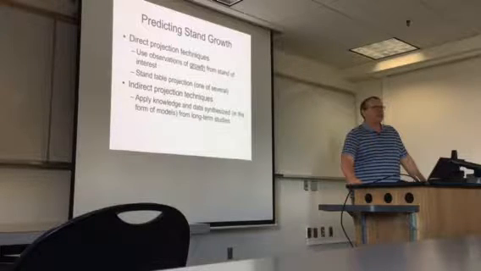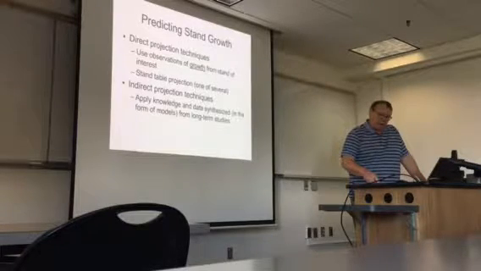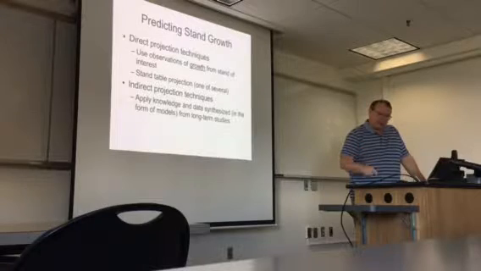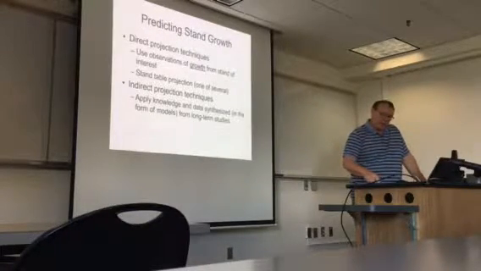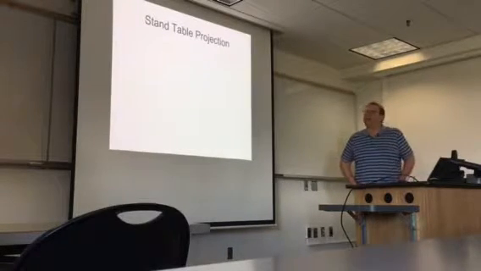So we want to make sure that it's a rich data set that was used to develop any model that we're going to apply. So for direct projection techniques, one example is stand table projection, which we'll talk about today. And we'll spend the rest of the semester talking about examples of indirect projection techniques, these growth and yield models. Okay, so stand table projection.